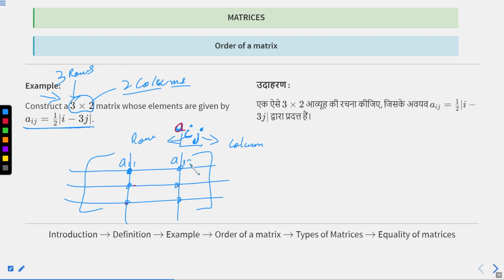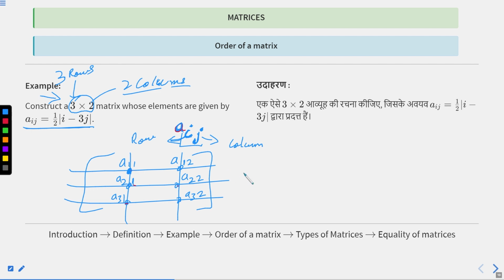This means first row, second column. This means second row, first column. This means second row, second column. Third row, first column, and third row, second column. This is what we mean by ij. So A will be the entry of the ith row and jth column position. I hope that it is clear now.